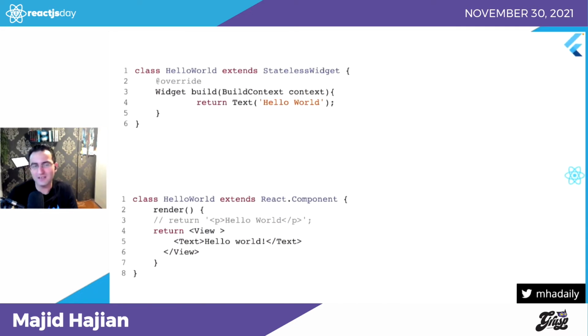Let's actually get an example here, comparing React Native with Flutter. What you would do in Flutter is that you will have a class named, say, HelloWorld, and you extend a StatelessWidget. But in React, you would do that with a class-based approach. You would do that with a React.Component, right? It's similar things.